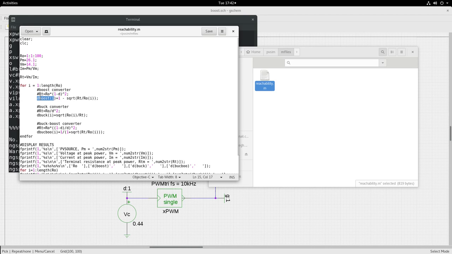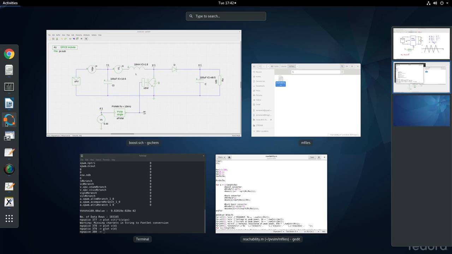Using that relationship RT, which is equal to R0 (1 minus D) whole squared, we find that the duty cycle for the boost converter is 1 minus square root of RT by R0. Like that you can do for the buck converter and the buck-boost converter also. And I will present the results onto the Octave workspace. So let us open Octave and run this, and let us see what happens.